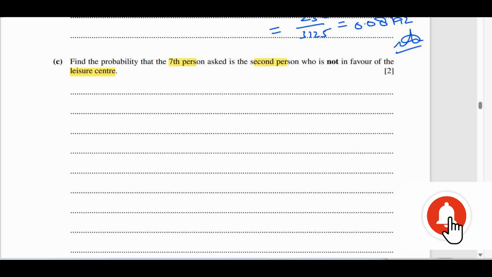Basically we can say that this question is a combination of geometric distribution and binomial distribution. So let's build a case first. Let's see the possible cases.